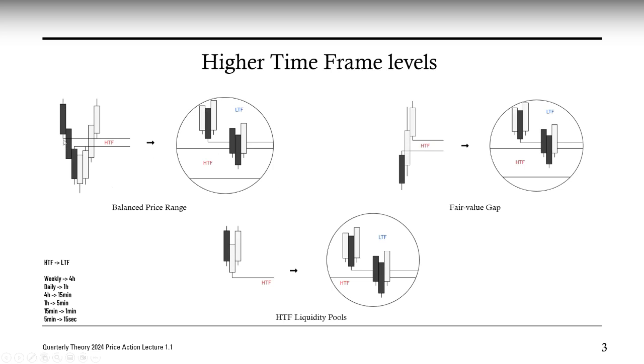So, as I said, the balanced price range is basically a double fair value gap, right? So you have this gap that cuts through another gap, right? On this is a down close candle. That's what the block candles depict.